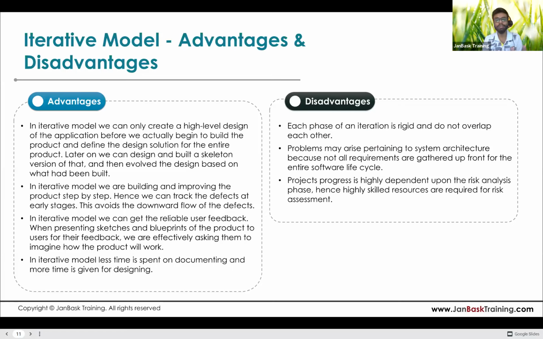So in an iteration, you fix the requirement, develop it, and demo it, and then the client can come up with changes which you can implement in the next iteration. So in a particular iteration you need to be rigid, but overall, looking at the whole development life cycle, it's not rigid in nature.